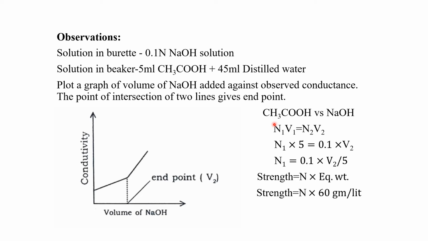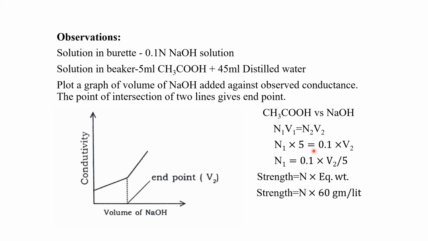Now we will see the calculation part for acetic acid versus NaOH. N1V1 is equal to N2V2. N1 is the normality that we have to calculate for acetic acid. V1 is the volume of acetic acid taken for the experiment, which is 5 ml.